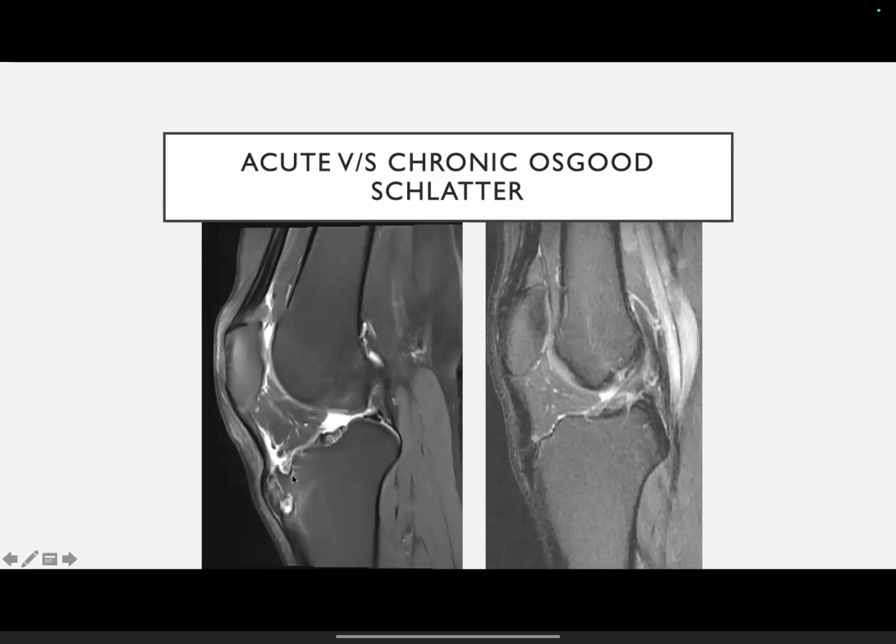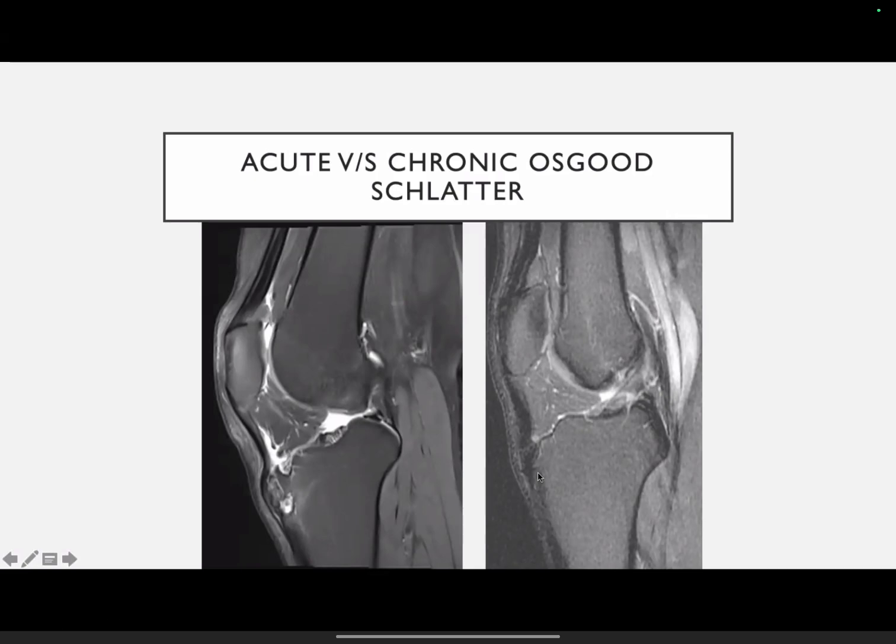Here there is more osseous remodeling at the site of the tibial tuberosity, and there are intraosseous cystic changes along with patellar tendinopathy at the distal patellar tendon. And here we can see there is less involvement, but there is thickening and chronic scarring at the tibial attachment of the patellar tendon.